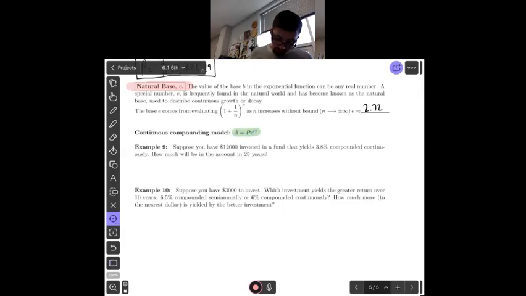Suppose you invest $12,000, so that's our investment. That means that's our principal. In a fund that yields 3.8% interest. There's our interest rate, compounded continuously. So make sure you see that word, continuously. How much will there be in 25 years? So we know P. We know r is 0.038, and t is 25.